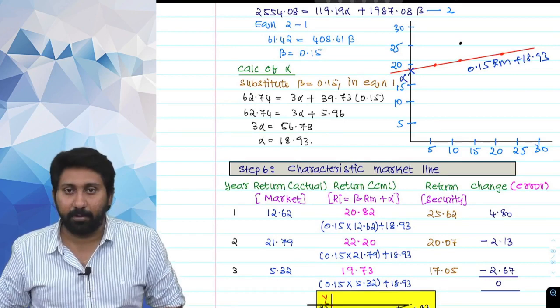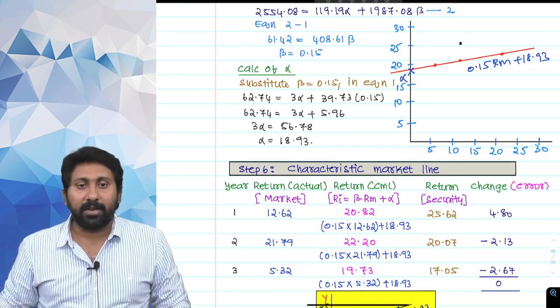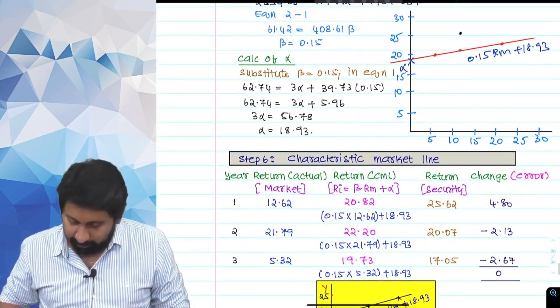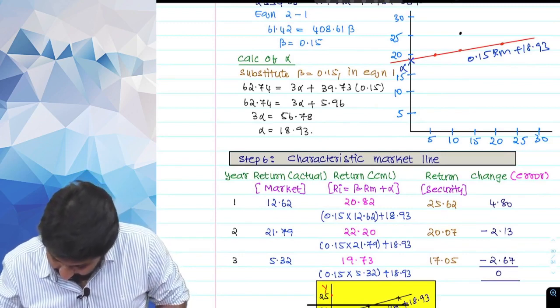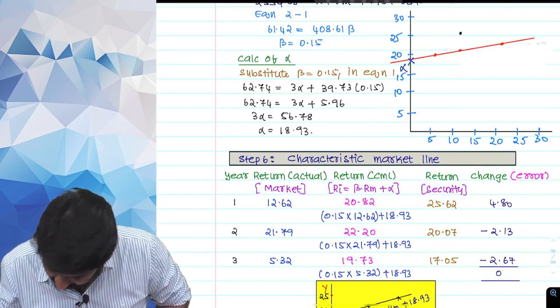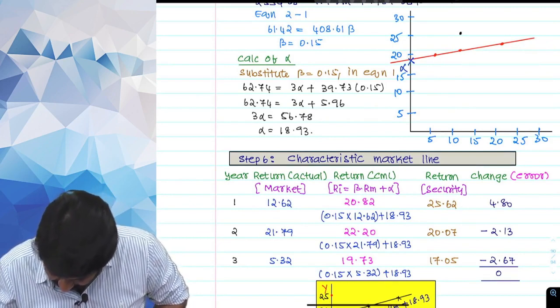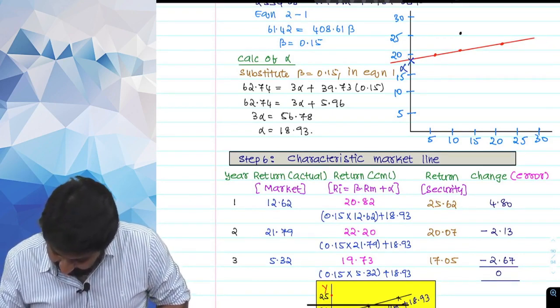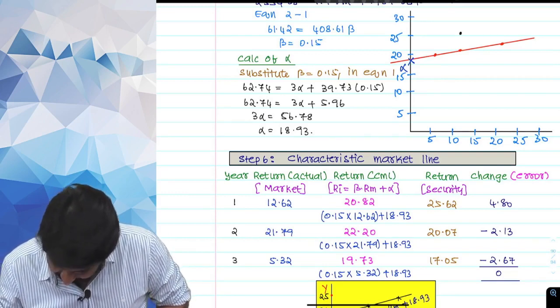Here somewhere. Next. Return is 21.79, actual is 20.07.